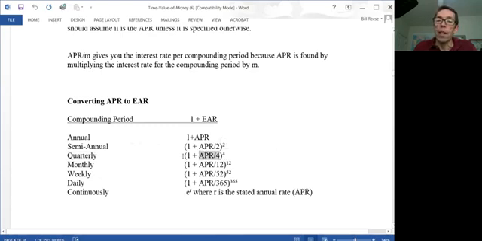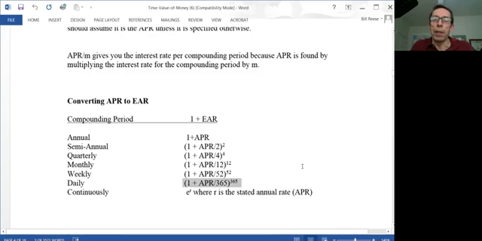So 1 plus the quarterly rate raised to the 4th power is equal to 1 plus the EAR. And you can see what happens with monthly, weekly, and then daily, as we mentioned, is going to be 1 plus the daily rate. The daily rate, if you have daily compounding, is the APR over 365. Raise that to the 365th power, and that's going to give you 1 plus the effective annual rate.